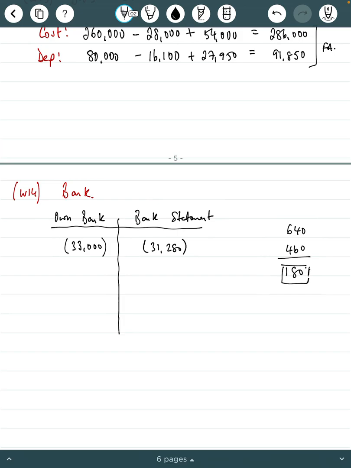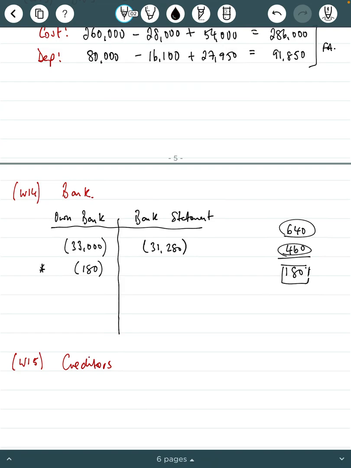That means that an extra 180 should have been taken out of the bank because we only took away 460 when it should have been 640. And we need to go back up then and obviously take away an additional 180 from our creditors. Actually, we can do it now because I don't believe we've opened up creditors. So working 15, open up creditors.